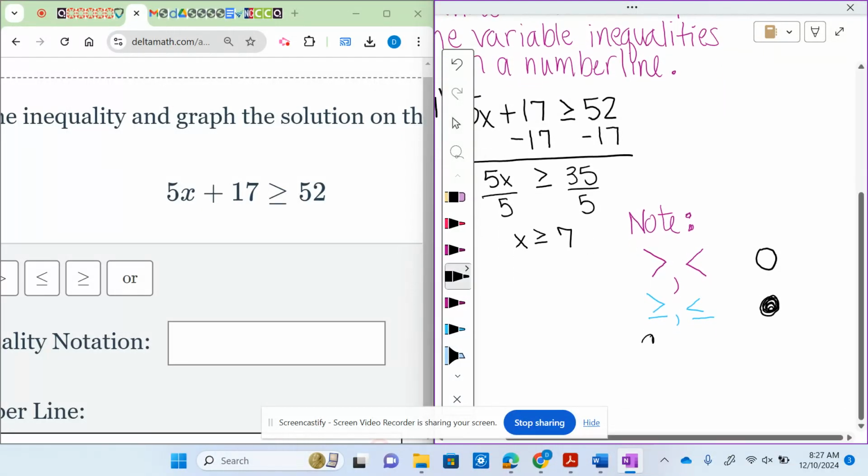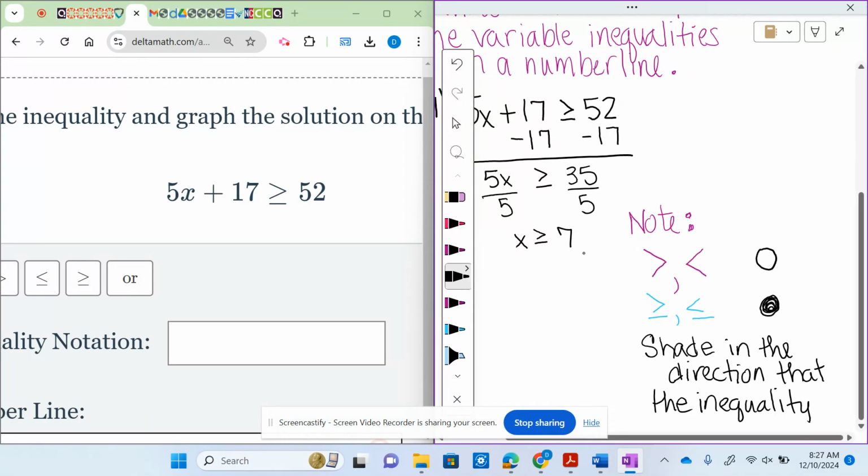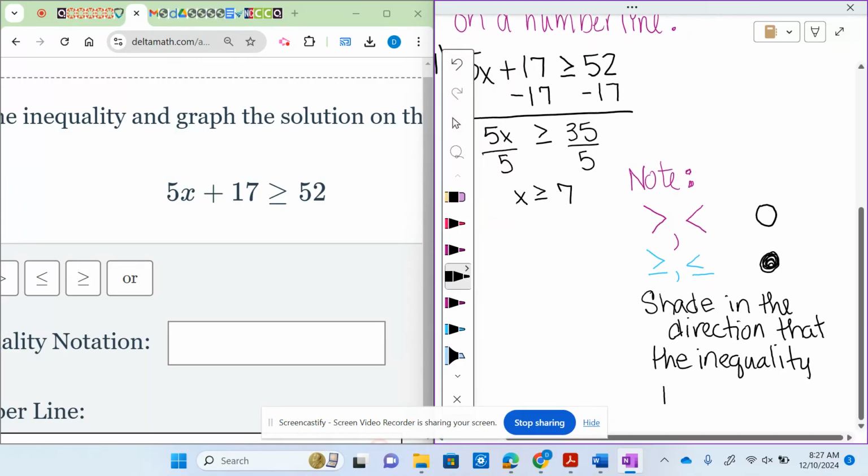The other thing I want to tell you is that you shade in the direction that the inequality points.